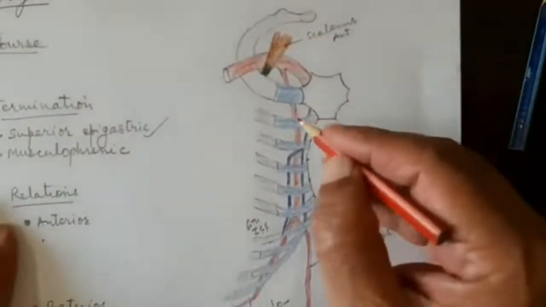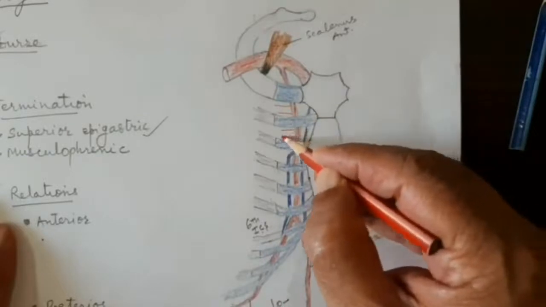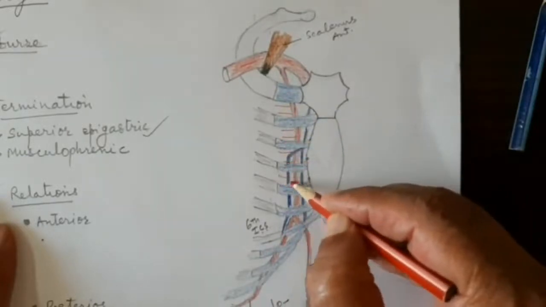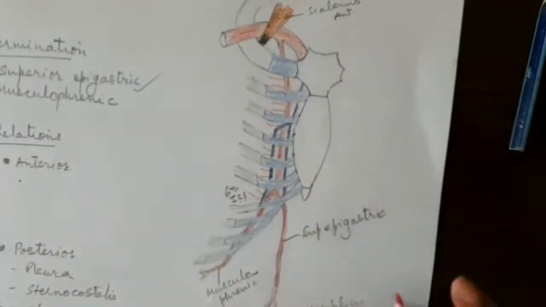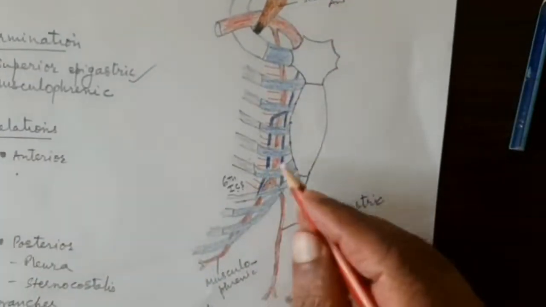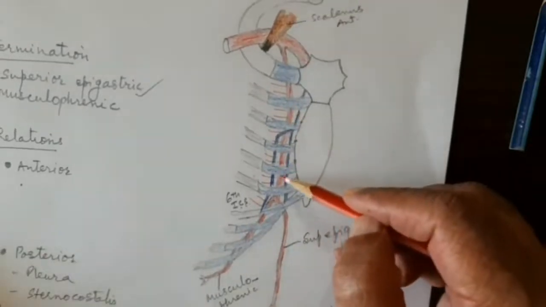If you see the first space, there will be two anterior intercostal arteries, in the second two, in the third two, and they run laterally. So in all, the first six intercostal spaces are supplied by the internal thoracic artery.